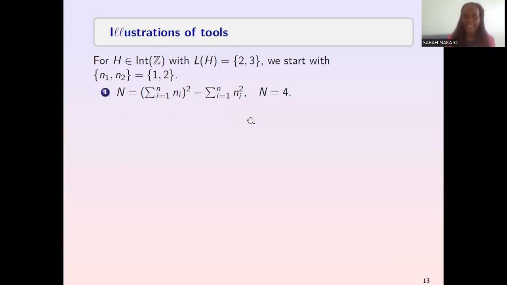That's why I'm having a minus here. I will illustrate later. So this is a careful choice of n. Great. So our n in this case is 4. We have this sum, which is 9, and then we subtract off the sum of the squares, which is 5. Great, so n is 4.